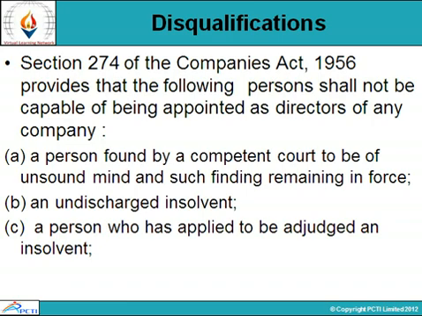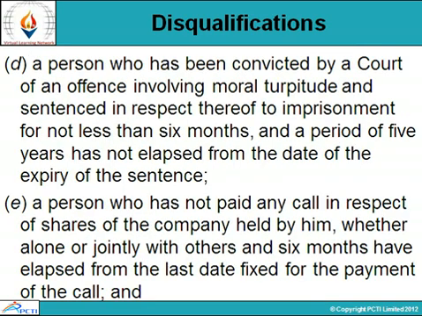C, a person who has applied to be adjudged an insolvent. D, a person who has been convicted by a court of an offence involving moral turpitude and sentenced in respect thereof to imprisonment for not less than 6 months, and a period of 5 years has not elapsed from the date of expiry of the sentence.